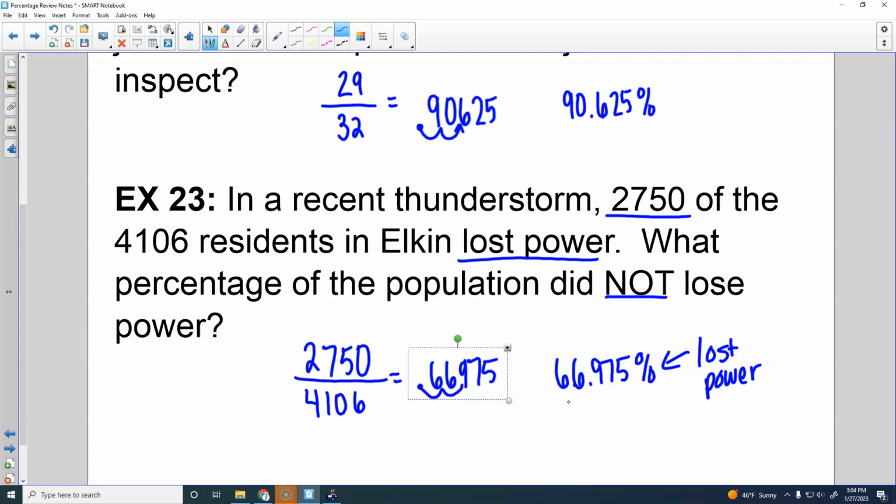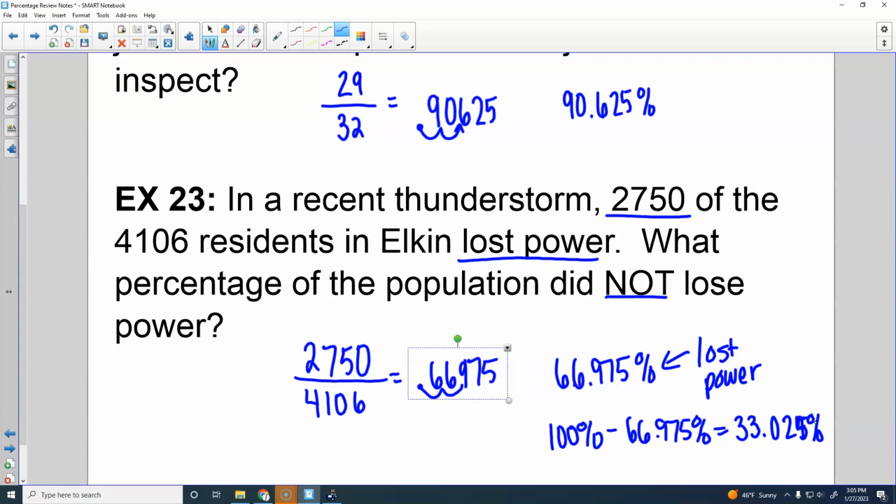So it's one way or the other, and this would have to add up to 100%. So you could just do 100% minus the 66.975%, and that would give you, what'd you get, Caitlin? 33.024841. I'm going to round that to a 5 right there.